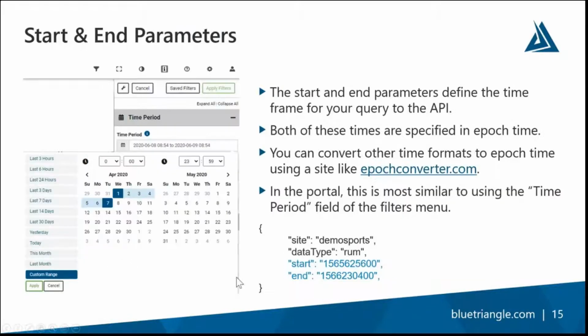Let's move on to the next one, which are the start and end parameters. These are both going to be epoch seconds. A little visual depiction would be the time period selector in the filter options in Blue Triangle. Another good tool to use for epochs is epochconverter.com.